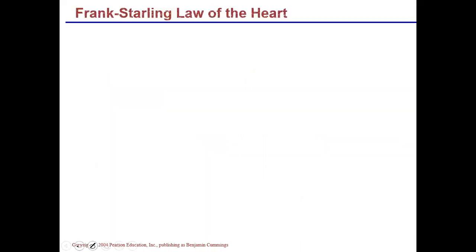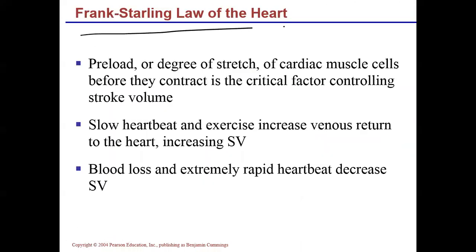So this Frank-Starling law of the heart is basically the degree of stretch I just talked to you about. Now, before we go to contractility, here's the interesting concept. I don't want you to mix this one up with the sympathetic and parasympathetic. A lot of students have trouble understanding this concept, so I'm trying to go over it a little bit.